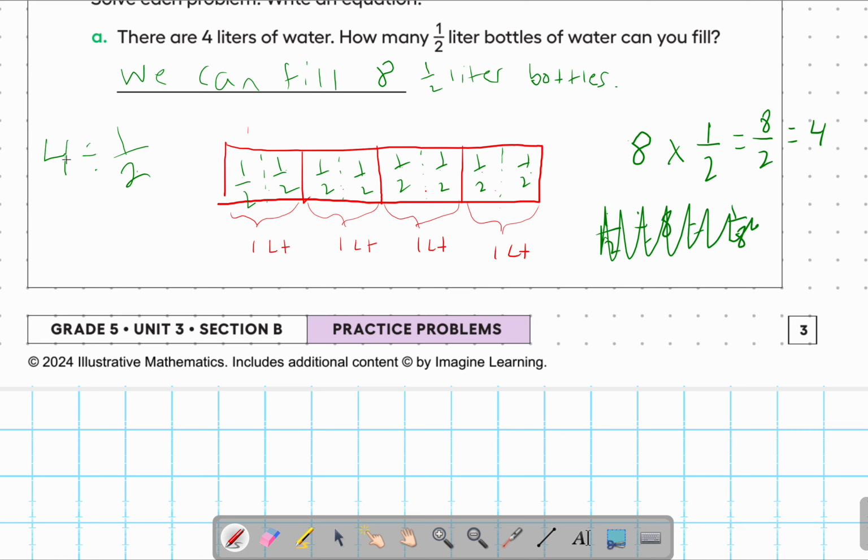Then you write 4 divided by 1/2 and show all your work using the keep, switch, flip algorithm. We keep this 4, switch the division sign to multiplication, and flip this. So 4 times 2 is 8, over 1. 8 over 1 is the same as 8. So that's our answer, 8.